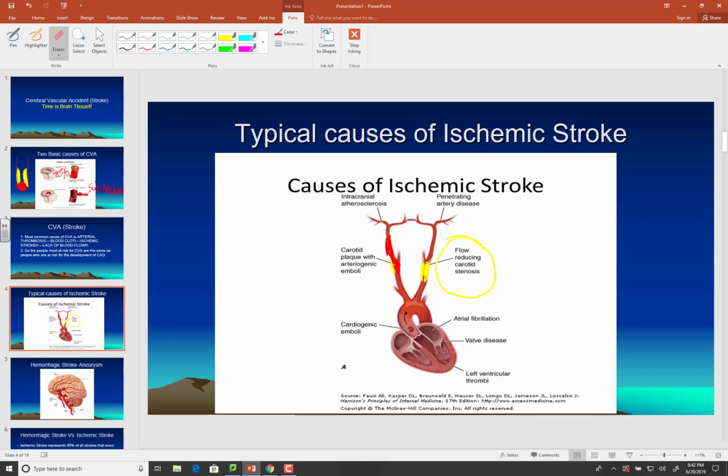The other thing is that people can get left ventricular clots, thrombi, right? Especially people with dilated congestive heart failure. So if you remember in congestive heart failure, I explained to you that the left ventricle stretches and enlarges, right?